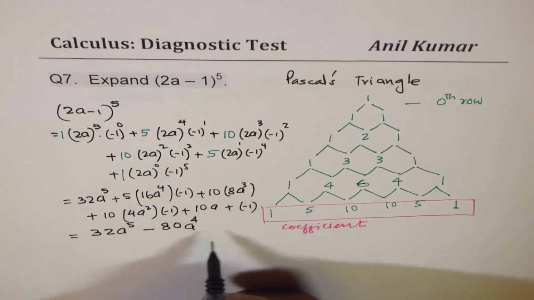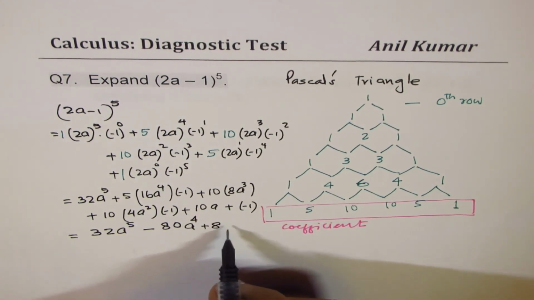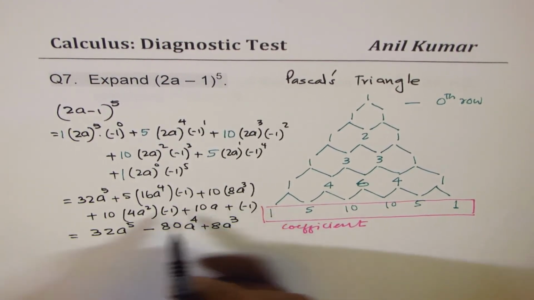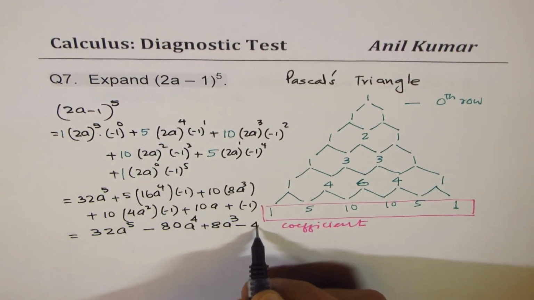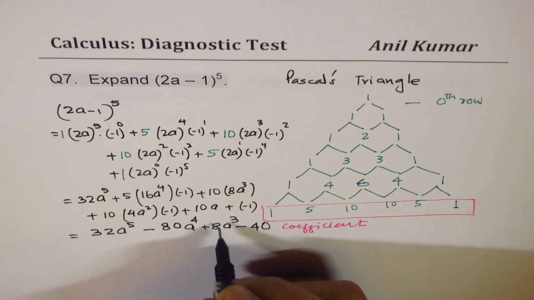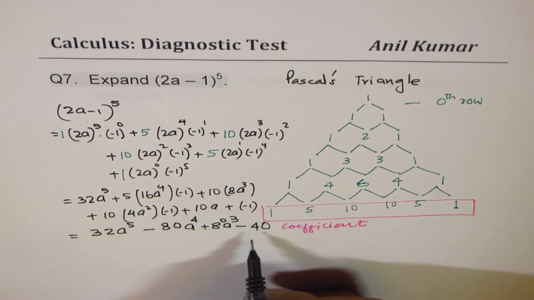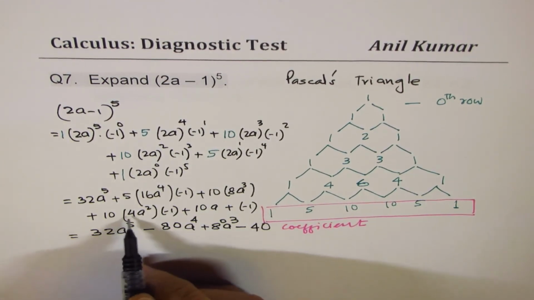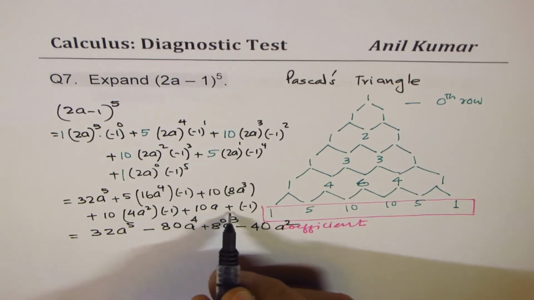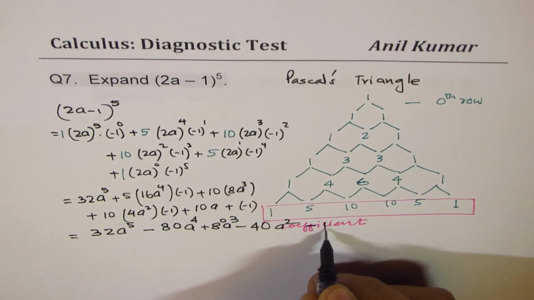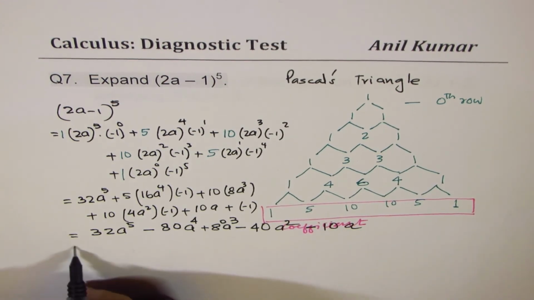So now we have 10 times 8, which is 80a cube. And then we have a negative sign. 4 times 10 is 40. Oh, 80. 8 times 10. Minus 40a square. And then we have the last term, which is minus 10a, right? Let me rewrite this.